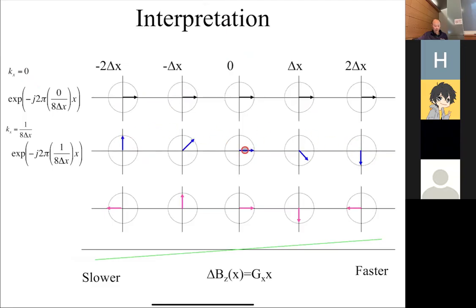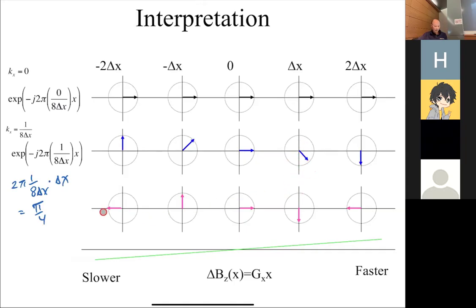You can see this is the isocenter, and this one here has gone forward by 45 degrees, pi over 4, because if I take 2 pi times 1/8 delta x, and multiply by delta x, I get pi over 4. And it's a minus pi over 4 because it's going at a faster rate.